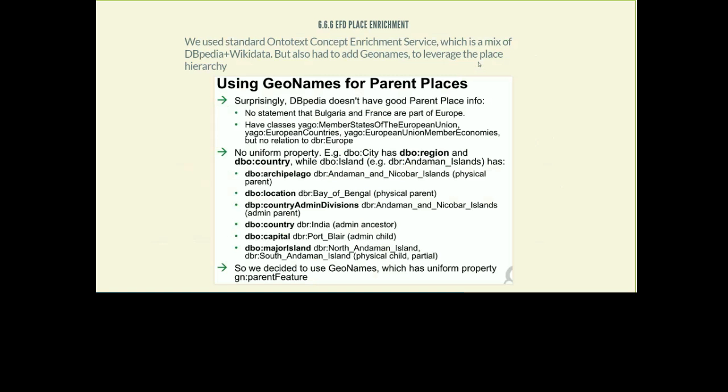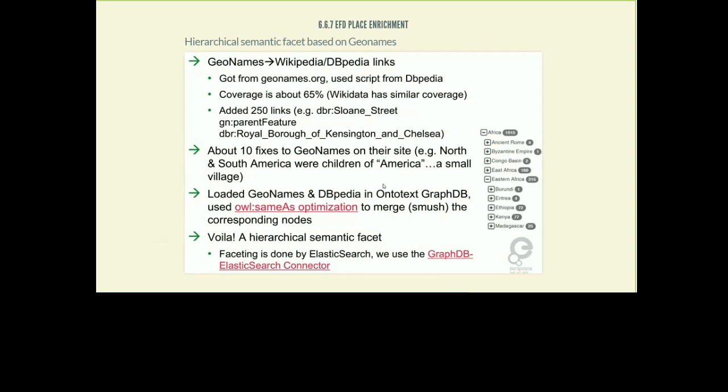The next topic, how did we make the place facet in the food and drink application? Well, we used DBpedia and GeoNames to find place references. Unfortunately, it turns out that in DBpedia you don't have a good place hierarchy. You have it in Wikidata, but at the time we decided to go with GeoNames, which has a uniform property for parent place. And because there is a co-reference between DBpedia and GeoNames, it was not hard to do that.